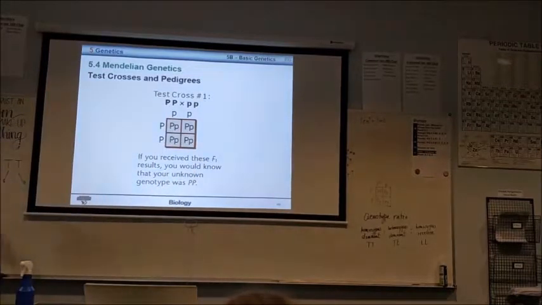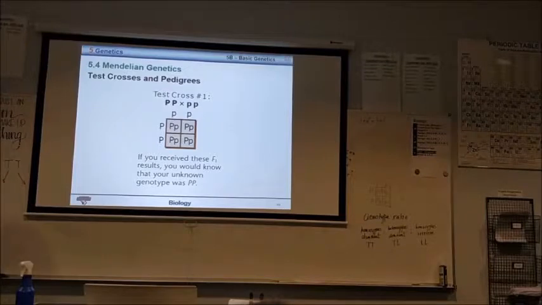So if I cross it with homozygous recessive, I'm going to get this. So if I see that the offspring are all tall, then the organism in question must have been capital T, capital T. Now, that's how I figured that out. The other possibility, if it's this, notice what I get.